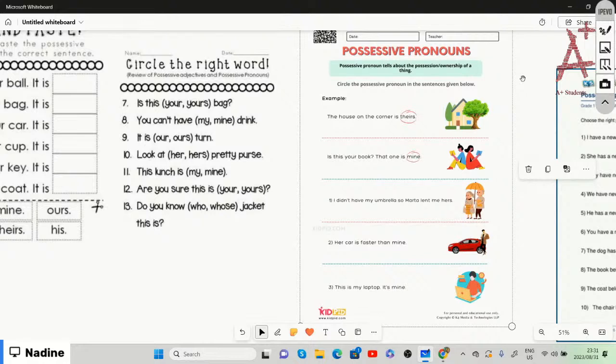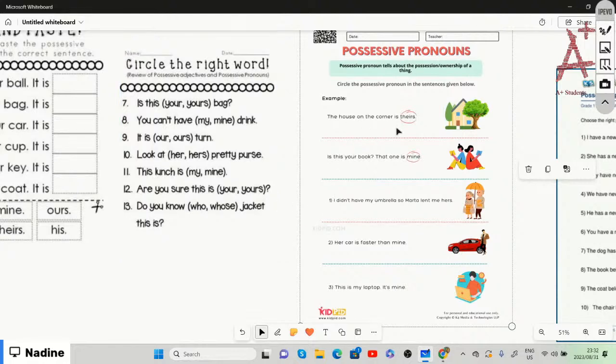So we say that the possessive pronoun takes the place of a noun, and it also takes the place of a possessive pronoun. And here we have but a few examples of possessive pronouns.